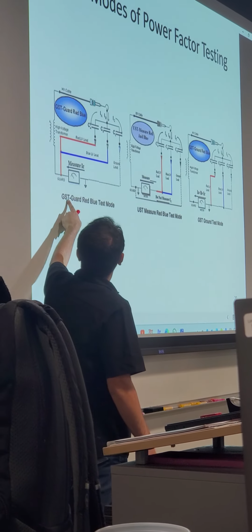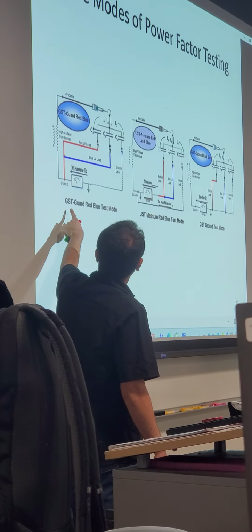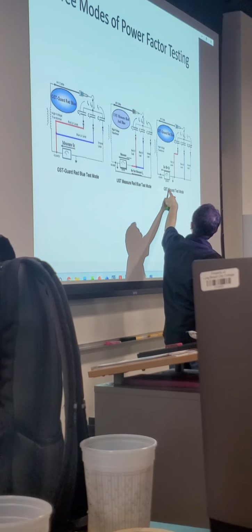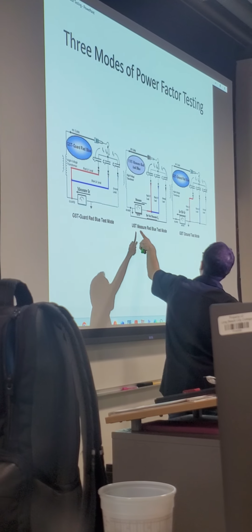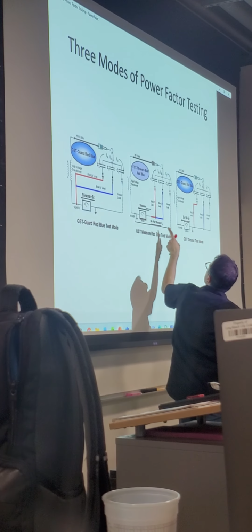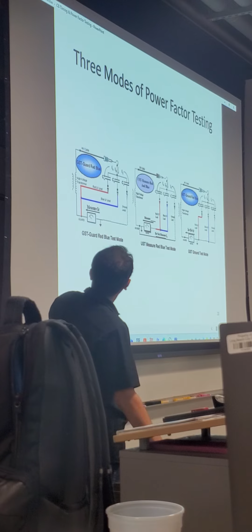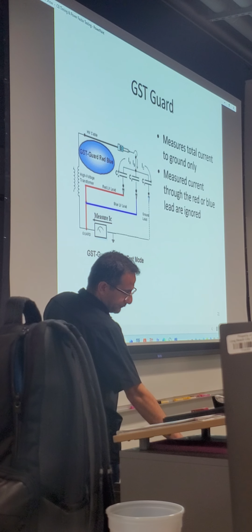This is the GST, GST ground test mode. So here your equipment is grounded. Here is UST ungrounded. So you see here is grounded, here is not grounded, and here it is guarded. For the guard, it measures total current to ground.